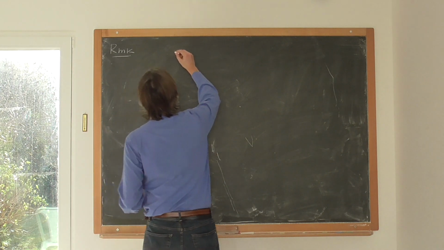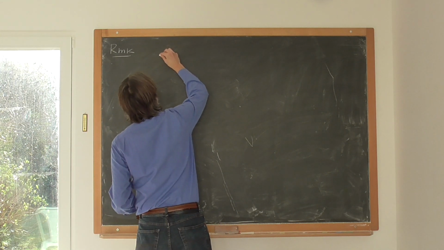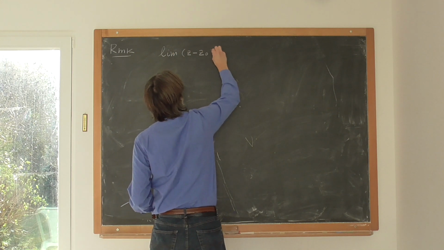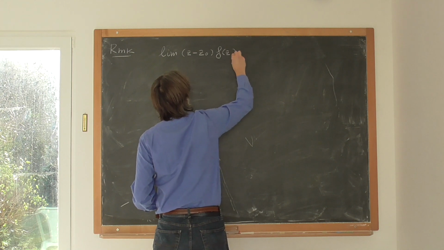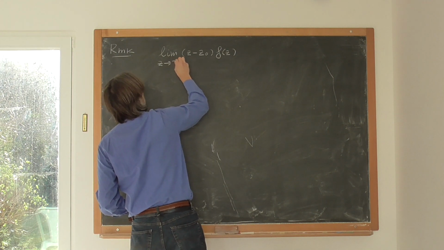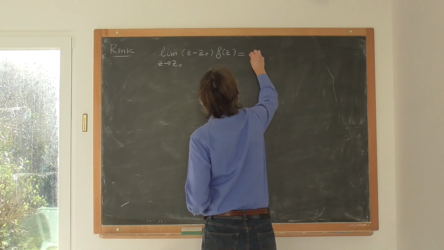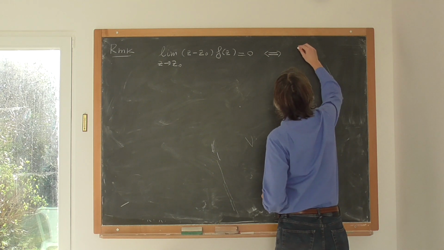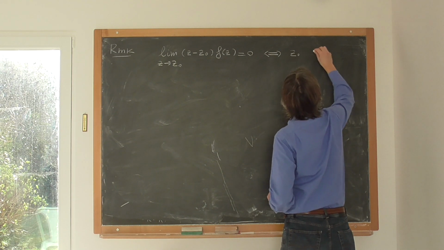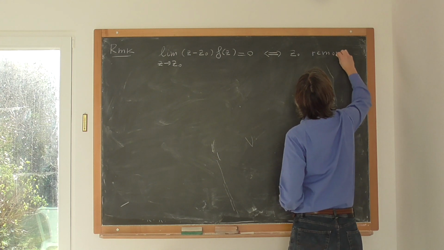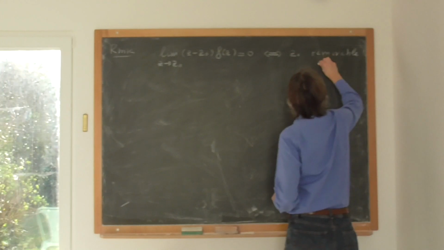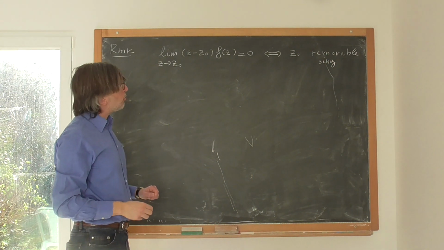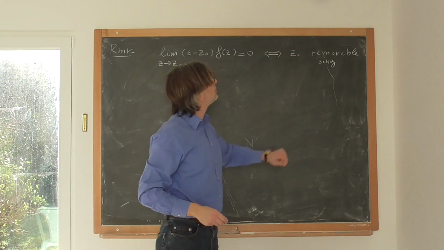So, what we saw is that the limit of z minus z naught times f of z, converging to 0 as z goes to z naught, the fact that this limit is 0 is equivalent to the fact that z naught is a removable singularity. So f has a holomorphic extension at z naught.